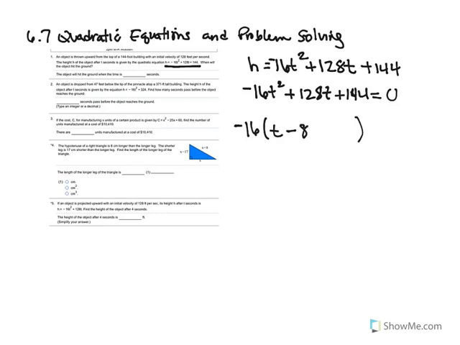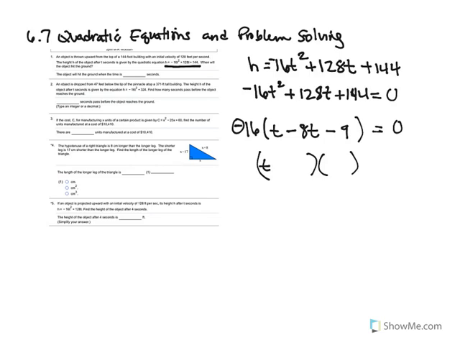So minus 8t, because remember, I'm dividing out the negative. Remember, the GCF should always be negative if the leading coefficient is negative, right? And then 144 divided by 16 gives us a negative 9. So we're taking this t squared minus 8t minus 9, and we're factoring that.